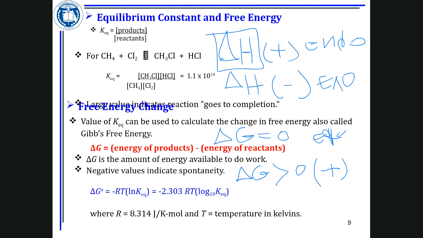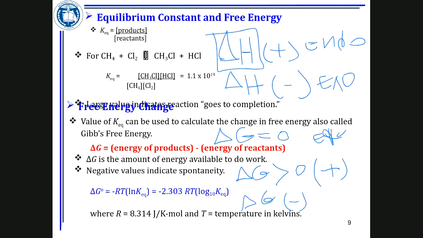If the value for delta G is negative, that means your reaction is spontaneous. So values for delta H are going to tell us if the reaction is endothermic or exothermic. Values for delta G are going to tell us if the reaction is going to be spontaneous or not going to be spontaneous.